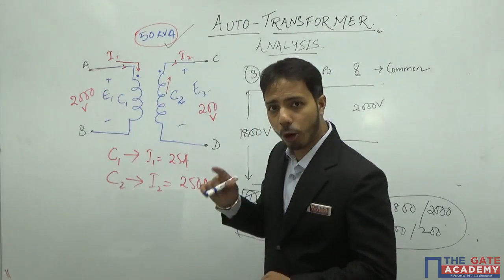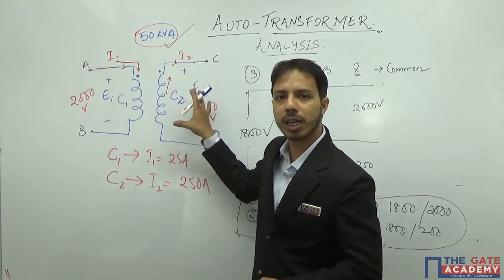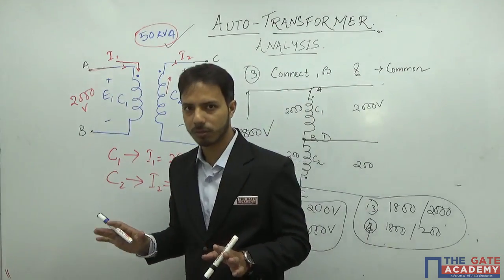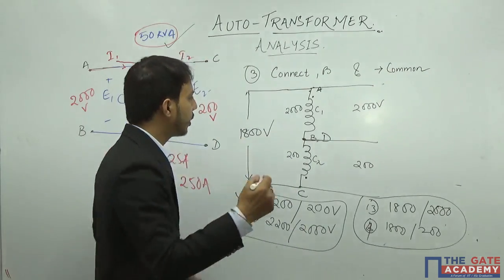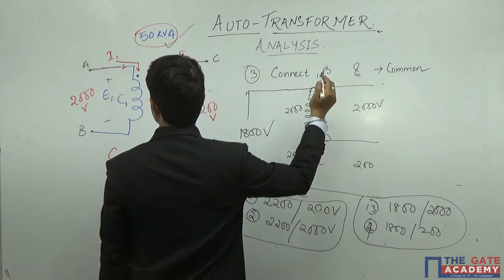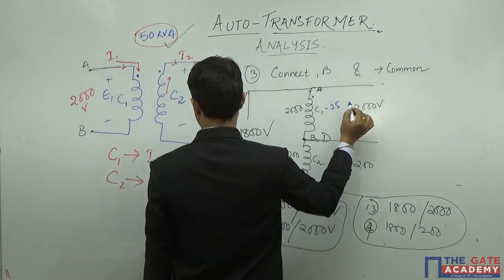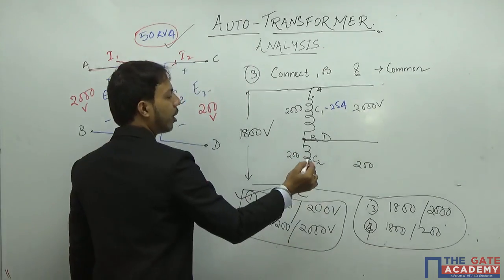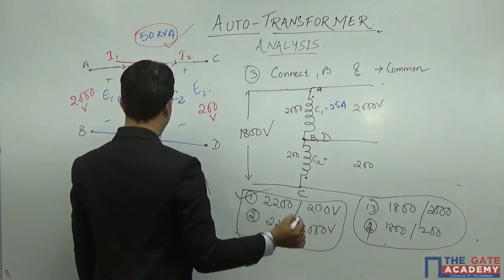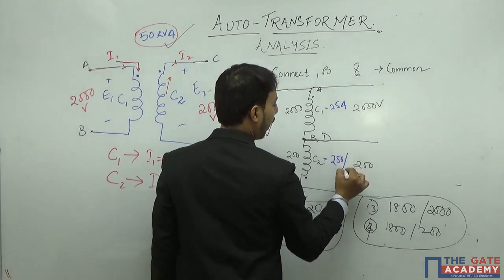The current in coil 1 and coil 2 will be the same as in the two-winding transformer; I am not going to change it. Okay? That means, if this is coil 1, then the current in coil 1 will always be 25 ampere, and the current in coil 2 will always be 250 ampere.